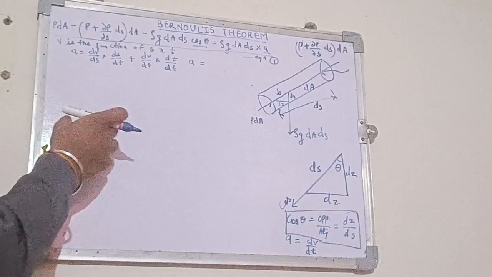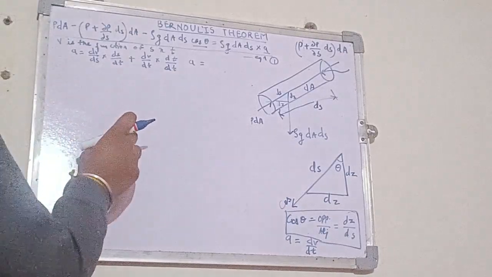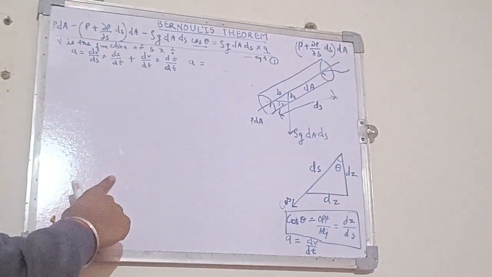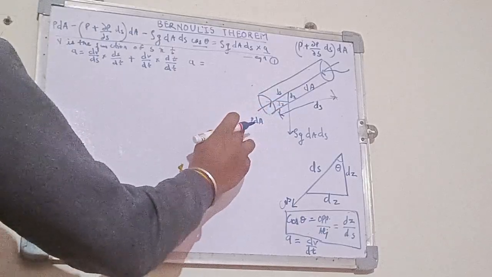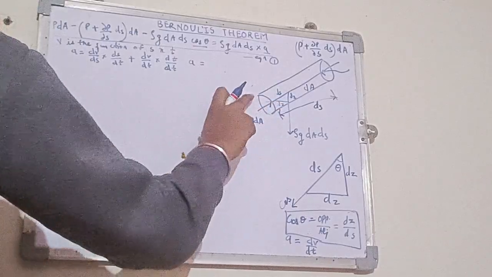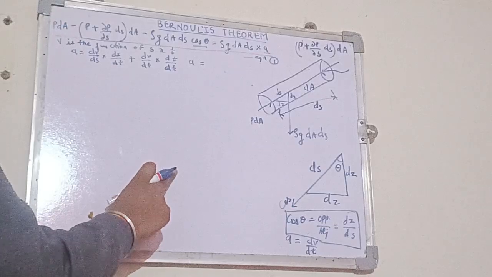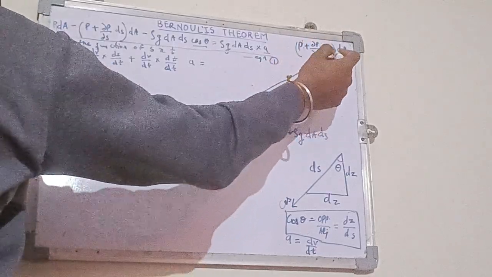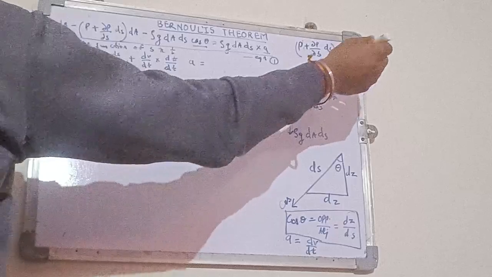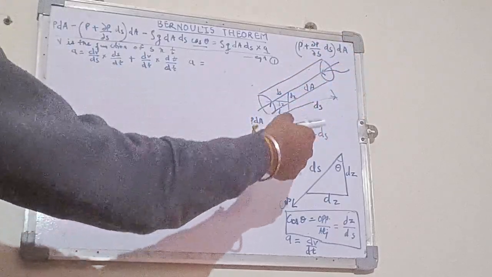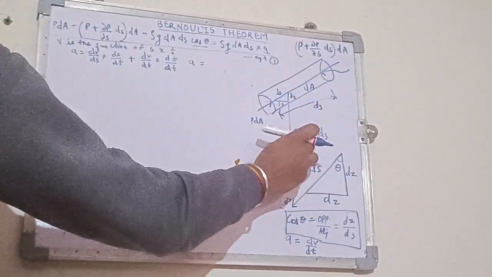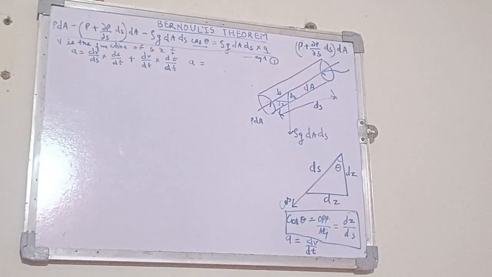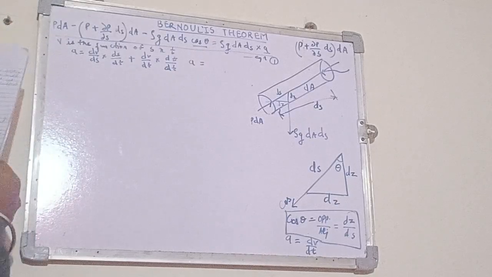Using the forces acting on the cylindrical element, we will take three assumptions. First, the pressure force PdA acts opposite to the direction of flow, and the pressure force P plus del P by del S into ds into dA acts on the other side, and then there is the weight of the element, rho g dA ds. Using all these, we derive one equation.